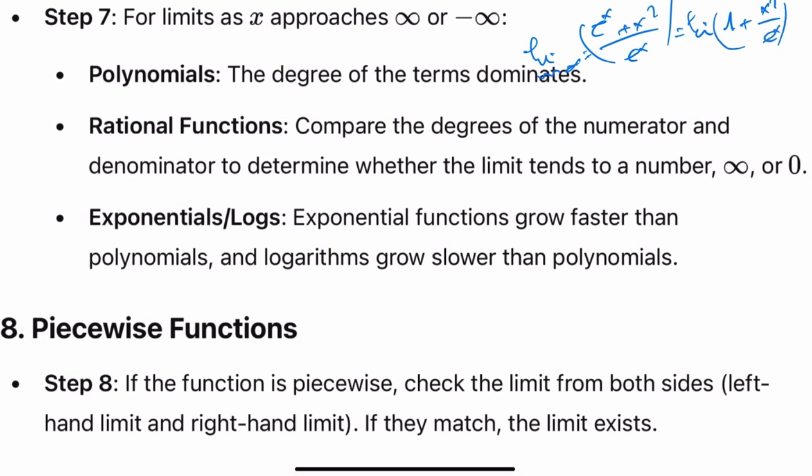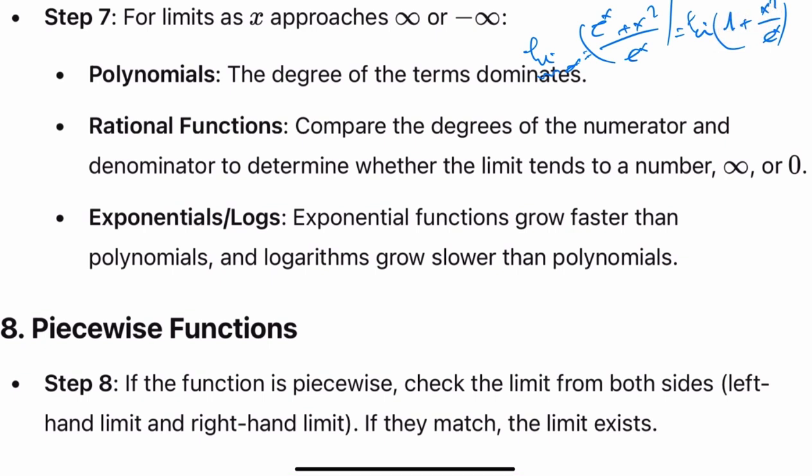And as x approaches infinity, this term approaches 0, because the denominator shrinks the function much more quickly than the x squared, so the limit will be 1 plus 0, which is 1.